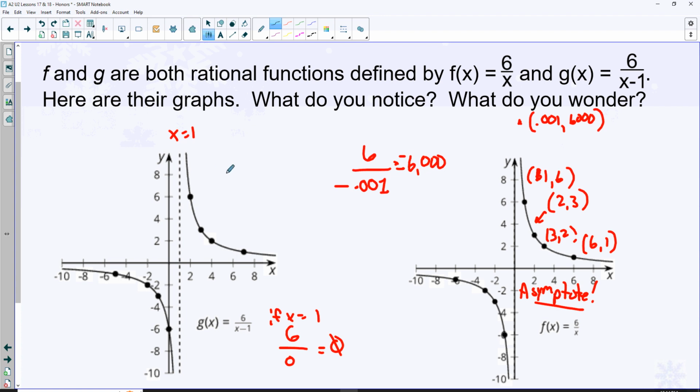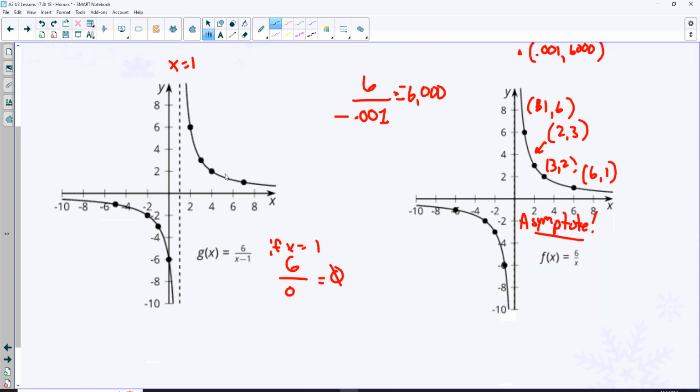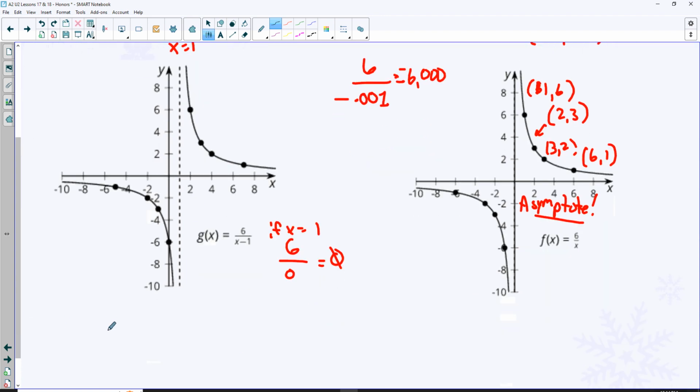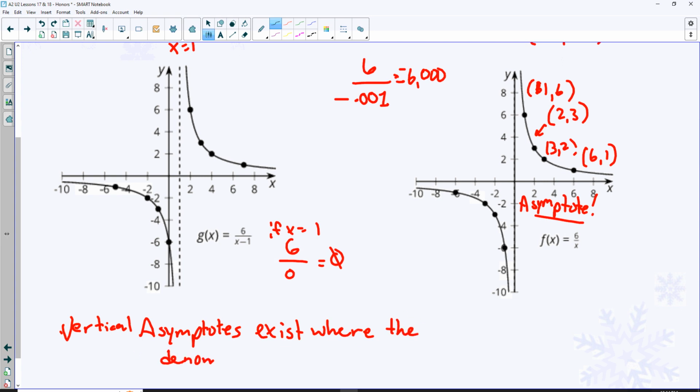And so that leads us to a very important observation. Vertical asymptotes exist where the denominator, if you have a rational function, equals 0.